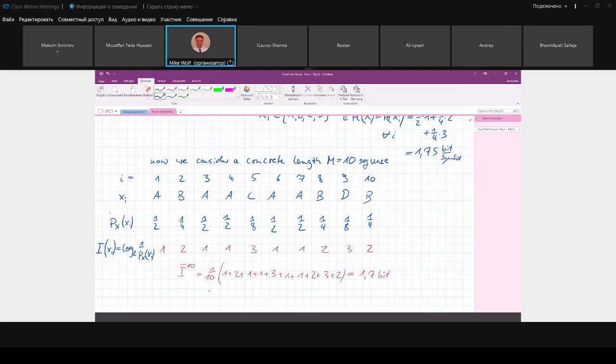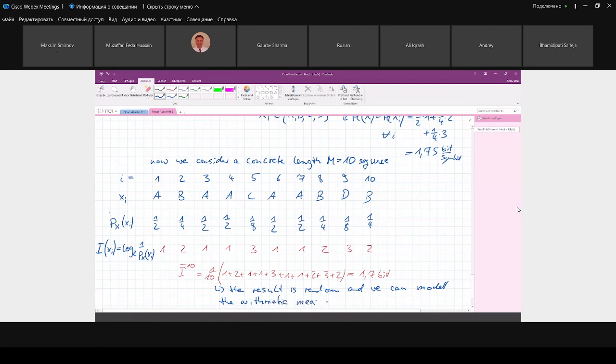So we can write the result is random. And we can model the arithmetic mean again as a random variable.